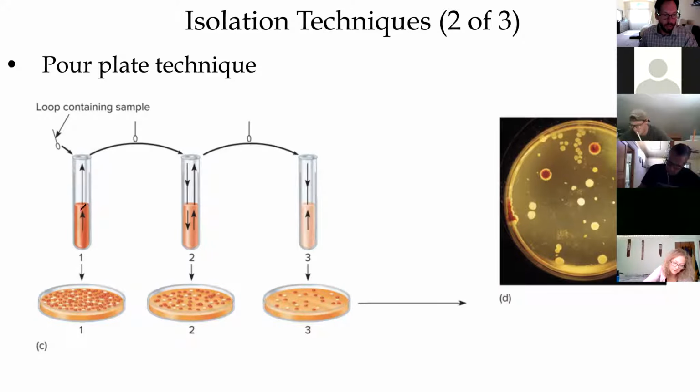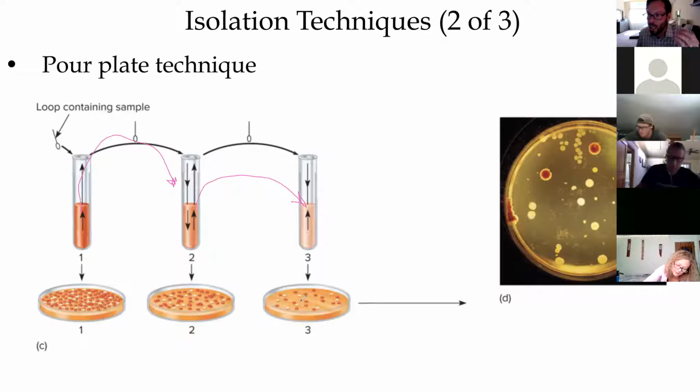You take a little bit of this and you put it into a test tube that has no bacteria, and so that's going to dilute it out some. And then you pour a little bit of that onto the plate. And then you take this and you further dilute it by adding it to a new test tube with media in it.